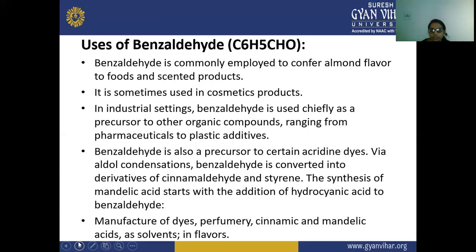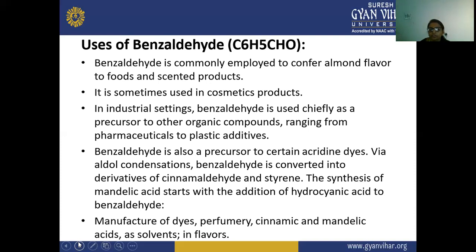Benzaldehyde is used chiefly as a precursor to other organic compounds, ranging from pharmaceuticals to plastic additives.